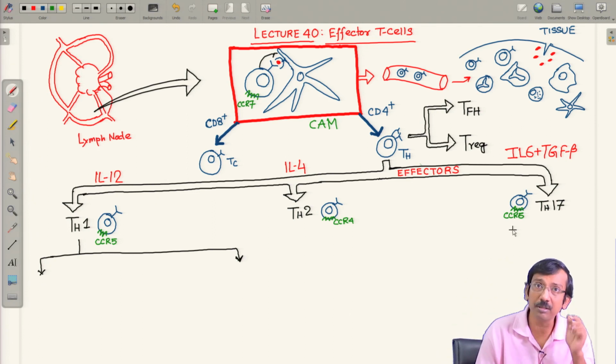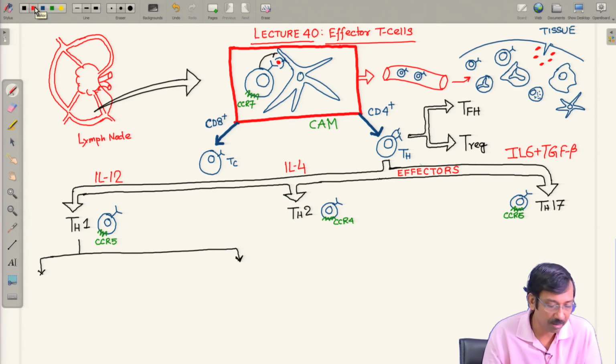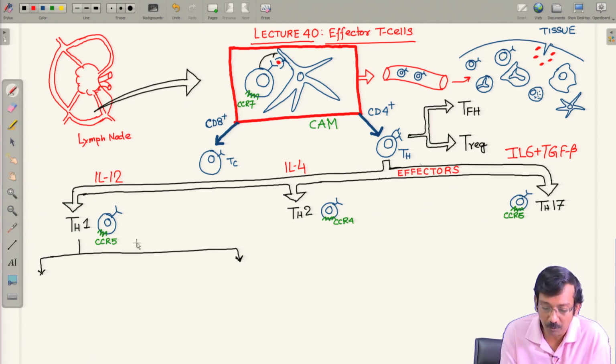What we were discussing is that the Th1 cells are primarily responsible for intracellular pathogens.